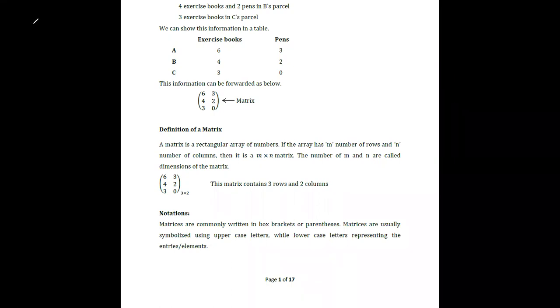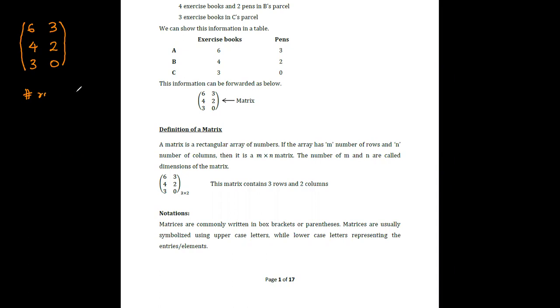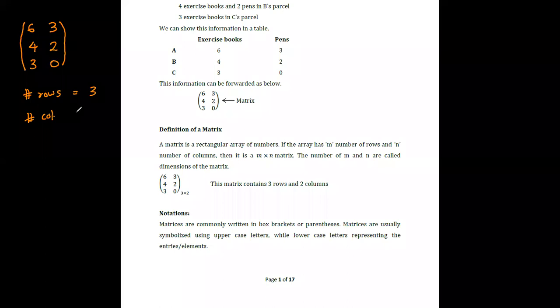In the example that we have taken, 6, 3, 4, 2 and 3, 0, we are using parentheses to write this, and we can see that the number of rows equals 3 and the number of columns equals 2. There are 3 rows and 2 columns. That is how we are defining this matrix.